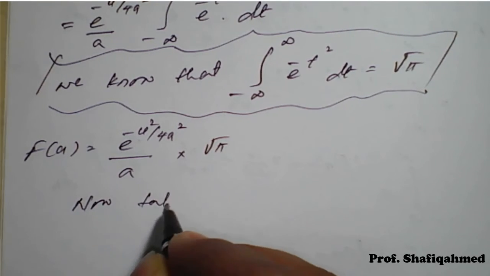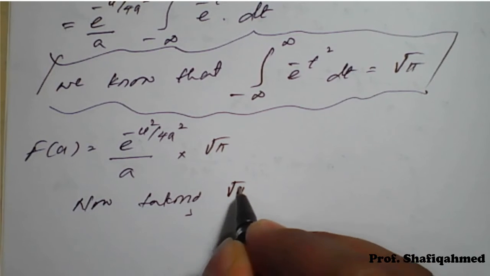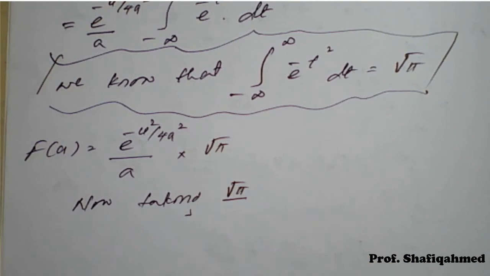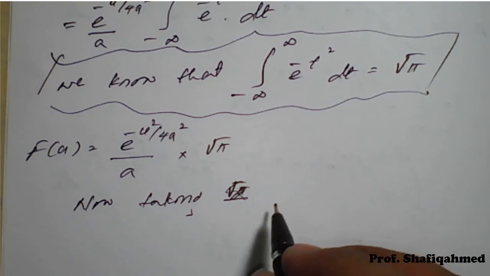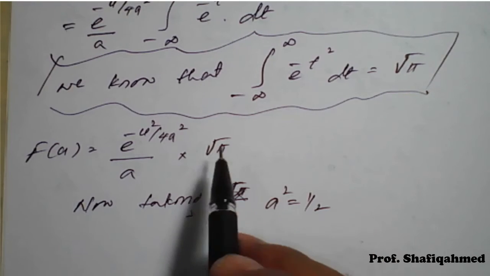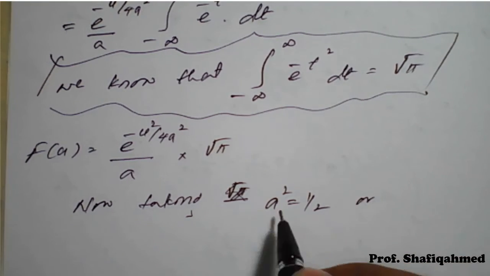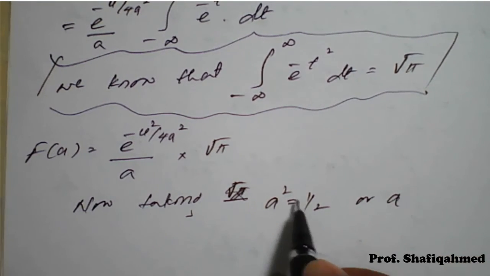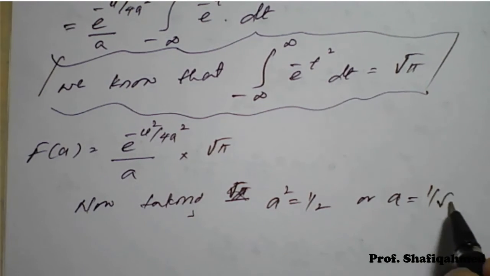Now taking square root of pi upon a, now you substitute a square is equal to 1 by 2 in the above situation. A square is equal to 1 by 2, so what happens to the value of a if you put a square is equal to 1 by 2? A will become 1 upon root 2.